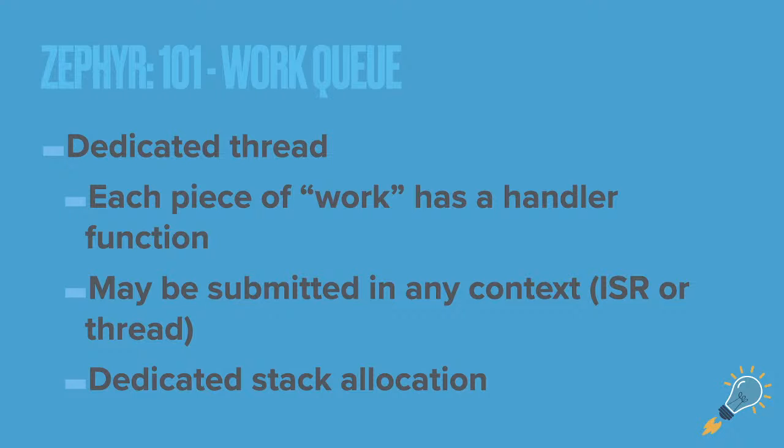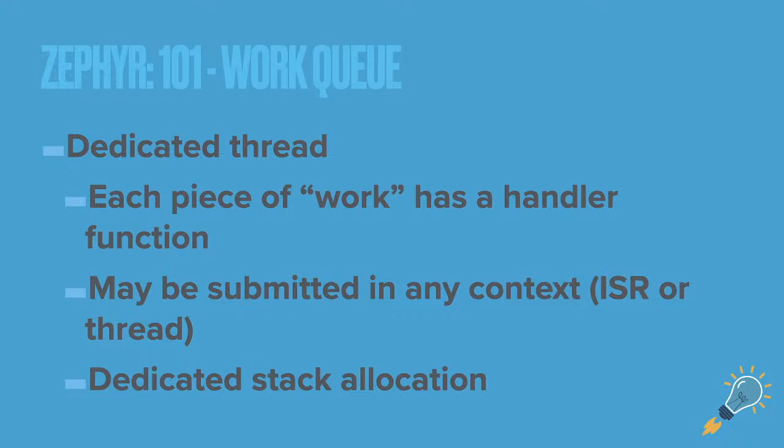What you're essentially doing is queuing up this struct of data, which has the function that you want to call, and then any context around it. If you have a delayable work, then that has some extra information with it, and we'll get into delayable work in a second.